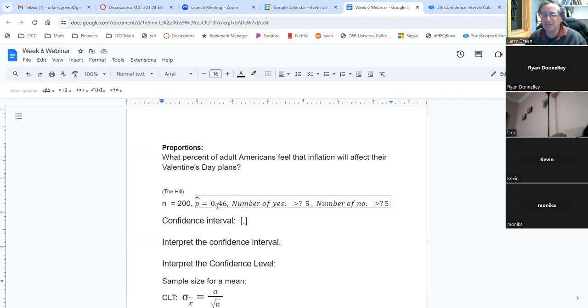Yeah, it does have to be 6 or more to use the normal distribution, but it turns out you need a whole lot more than that to have a good interval. Okay. All right. So how do we get the number of yes answers? We want that to be greater than 5. Remember how to do that?